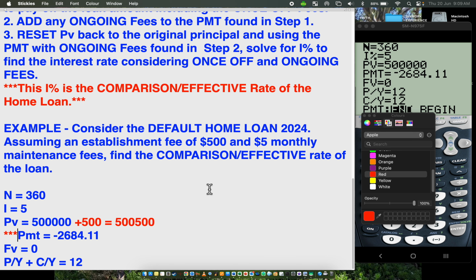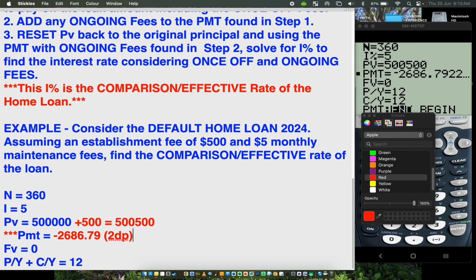Do you agree that if my loan is suddenly slightly bigger, those payments are going to increase slightly? Okay. So now that's going to be 500,500, alpha, solve. So now that's saying to account for the extra $500, I need to pay $2,686.79 to 2 decimal points.